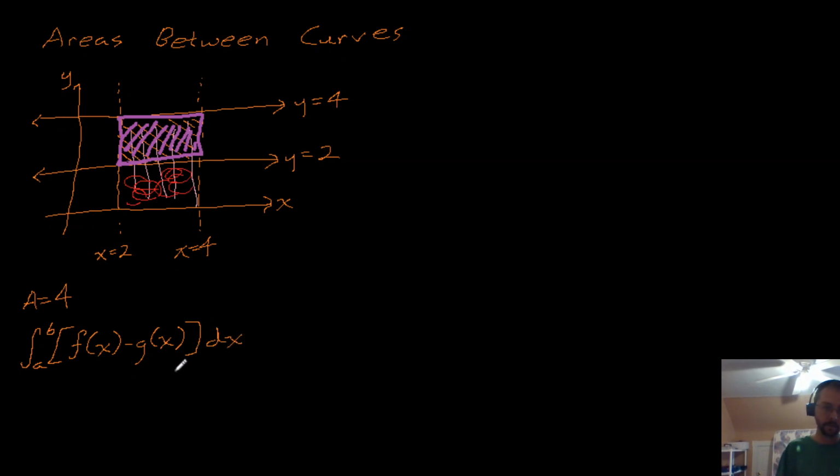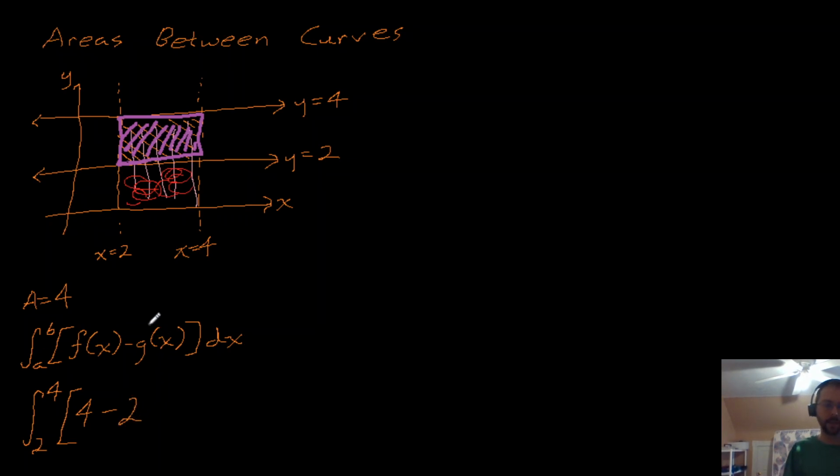And so in this case, to set up this integral, we would have the integral from 2 to 4 of f of x, which is 4, minus g of x, which is 2.